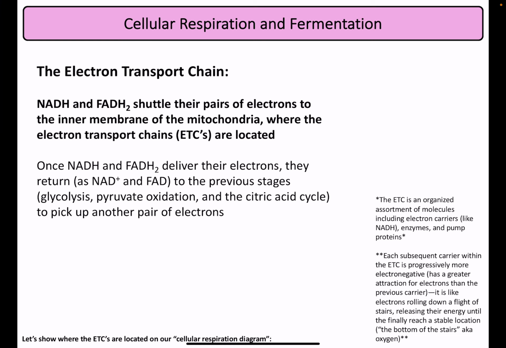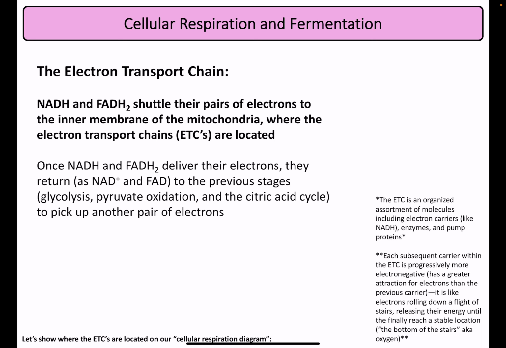And what we're going to see here is that all of these molecules of NADH and FADH2 are going to deliver their pairs of electrons to the ETC. So they're going to let them go, leave them behind. And once those shuttles have deposited their electrons, they'll go back. You're constantly breaking down food, so you're not just breaking down one glucose.